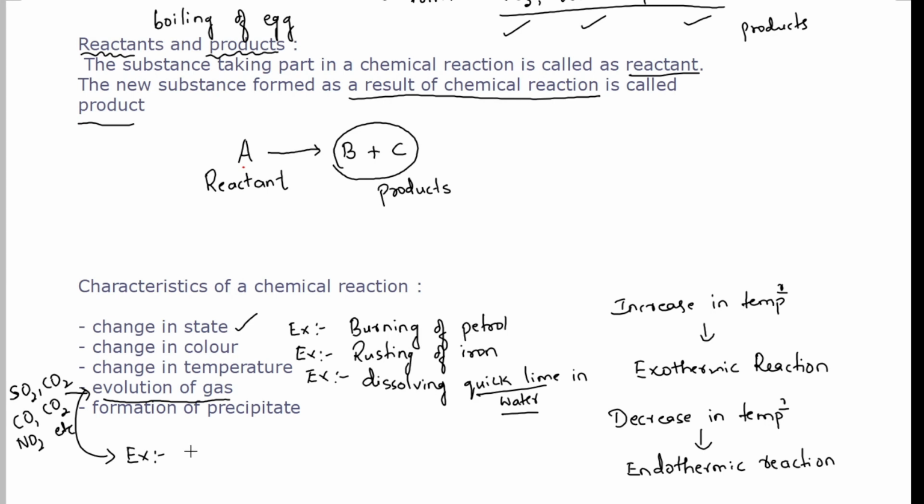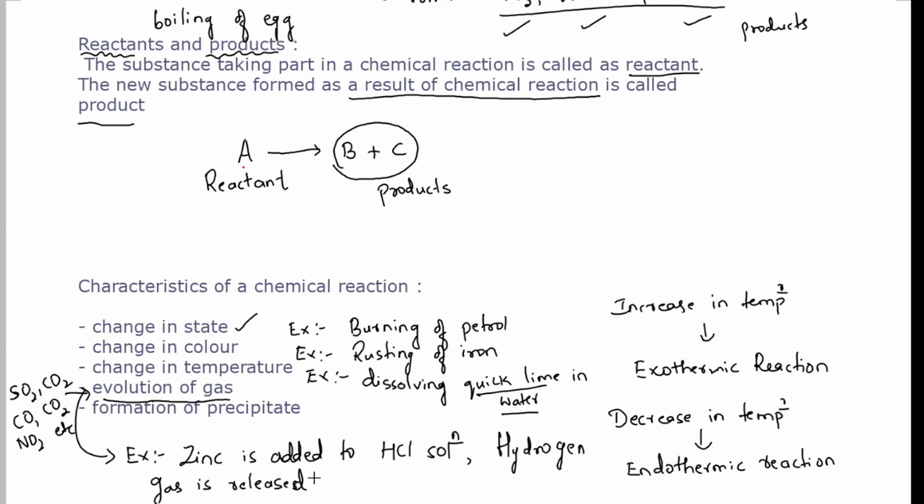There is evolution of hydrogen gas because a chemical reaction takes place. Hydrogen gas is released along with the formation of zinc chloride. By observing that evolution of gas, we will understand that a chemical reaction has taken place there.